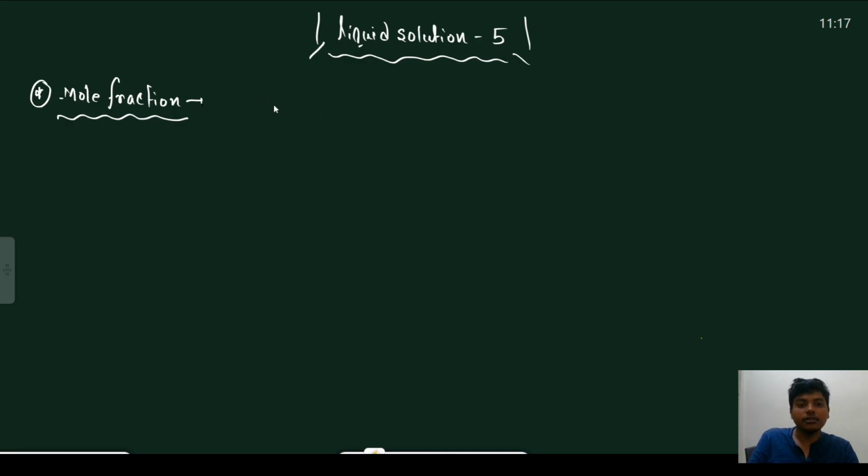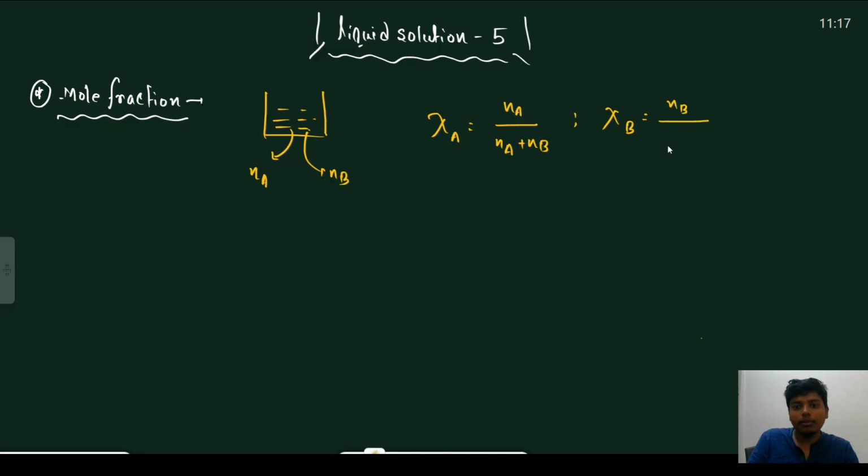Like if I take a solution, and in this solution, solute mole is Na, and solvent mole is Nb, then mole fraction of A will be Na divided by Na plus Nb. Clear? And mole fraction of B will be Nb divided by Na plus Nb.